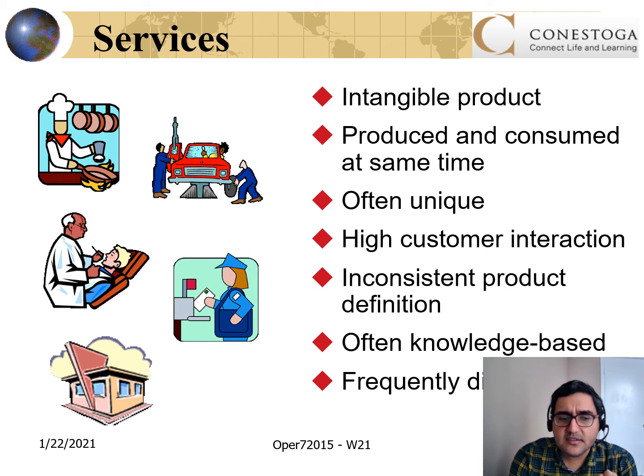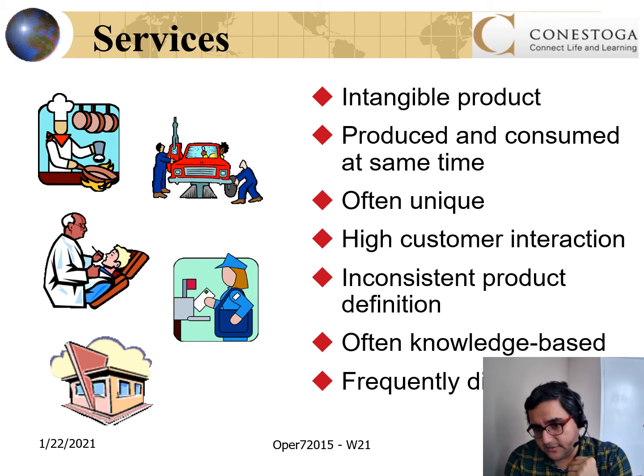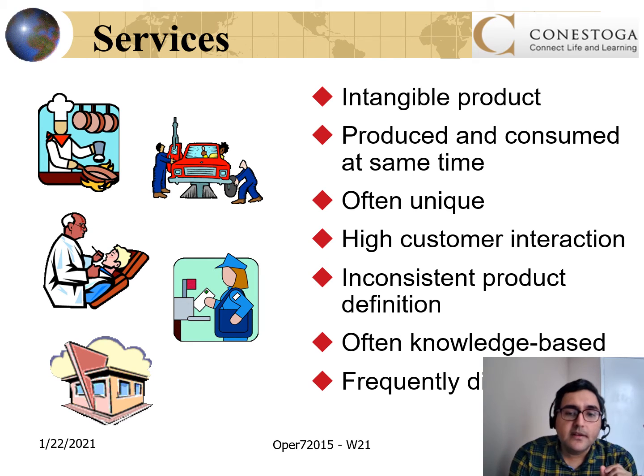In most cases, it is a unique thing, because if a dentist is doing a root canal therapy, it depends on the condition of the person's tooth. It's going to be more unique, and there's going to be a higher level of customer interaction. There is no consistent product definition.